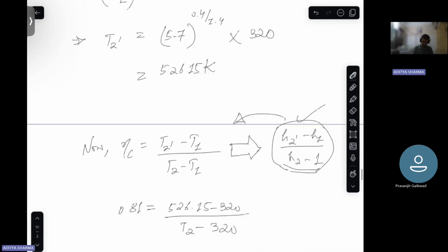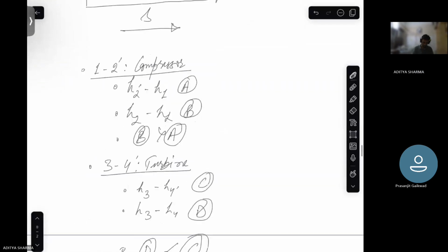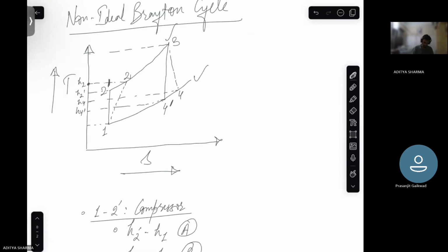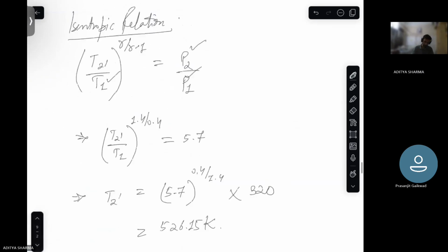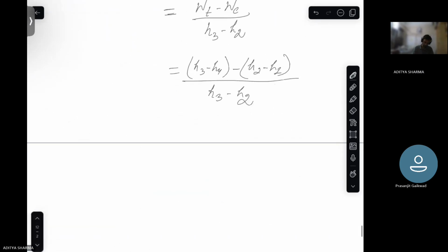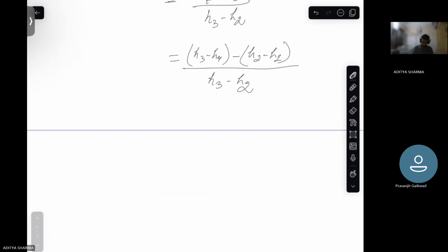Q input is for your combustion chamber. This real case has these processes 1 to 2, 2 to 3, 3 to 4. We are discussing this one. And then this is T3 minus T4 minus T2 plus T1 divided by T3 minus T2.